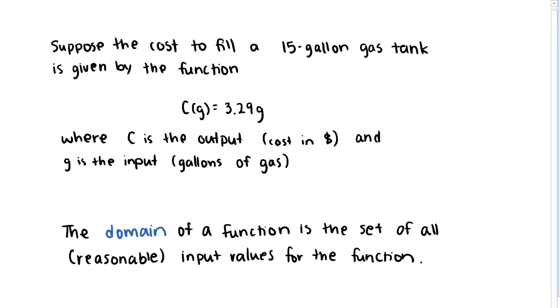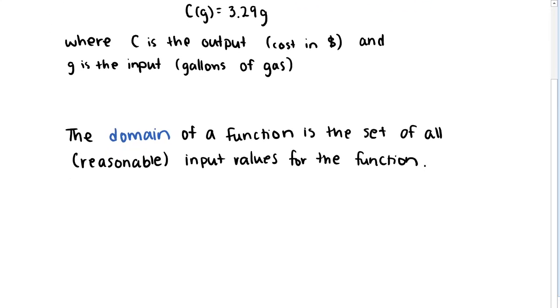And so the idea that this is a 15-gallon gas tank suggests that we really shouldn't be able to plug in values outside of 0 to 15. So really the domain, the values that make sense to input into this function, are the numbers between 0 and 15.